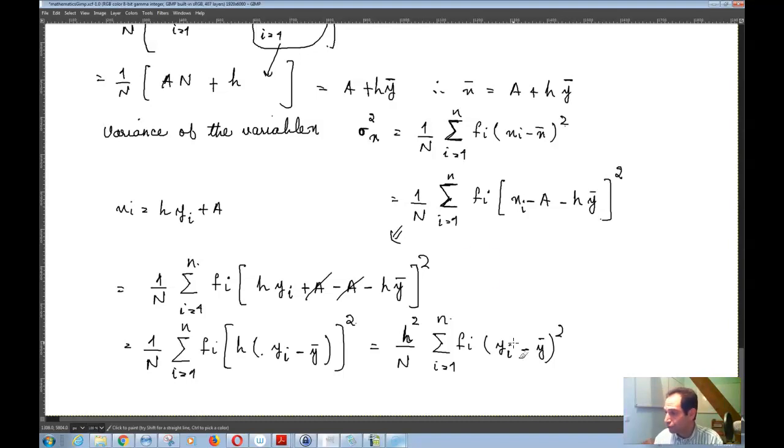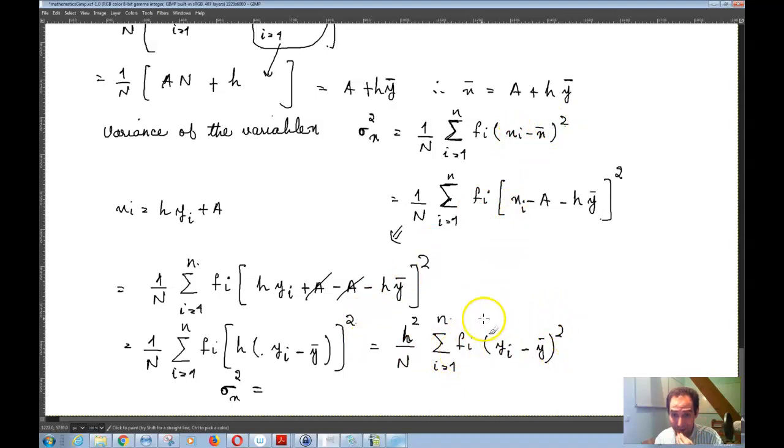And of course we said that the variance of variable x, sigma of x whole squared, was equal to 1 divided by n sigma f of i x of i minus x bar whole squared.